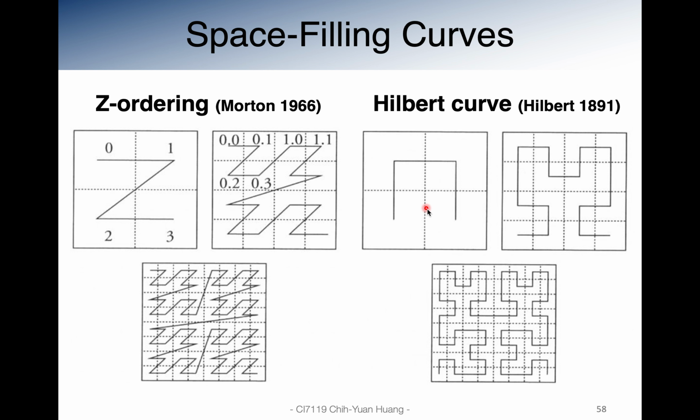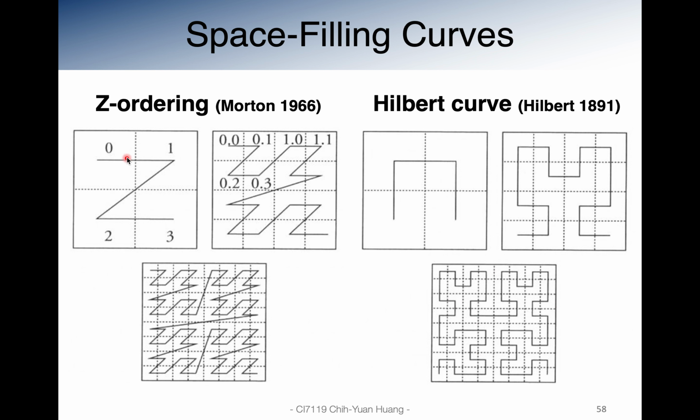So the order is defined like this. The first node is over here, then the second node, third, and fourth. If it's the second level, then the order looks like this. And if it's a third level, then the order looks like this.